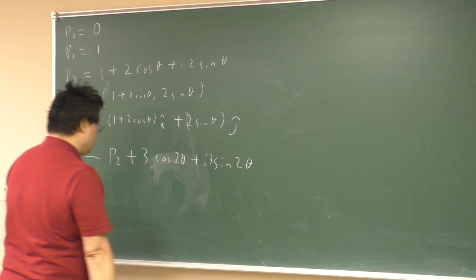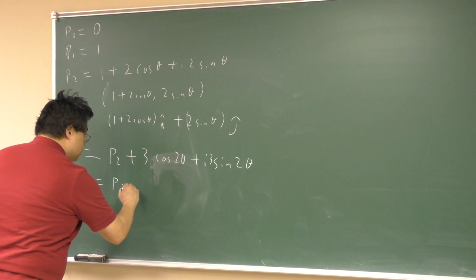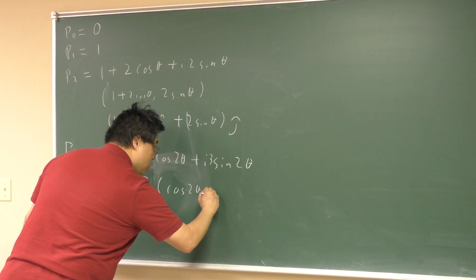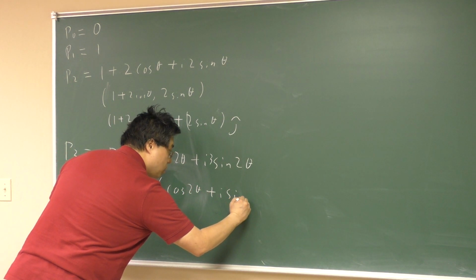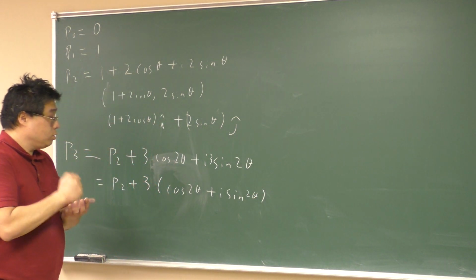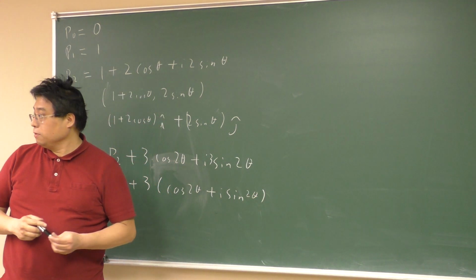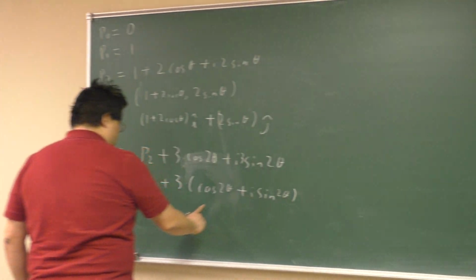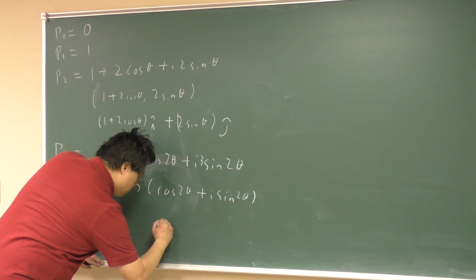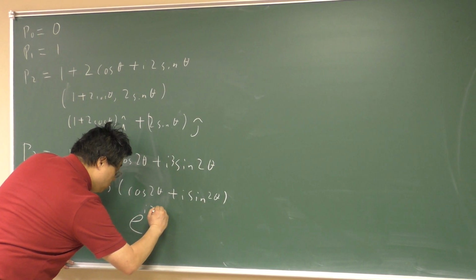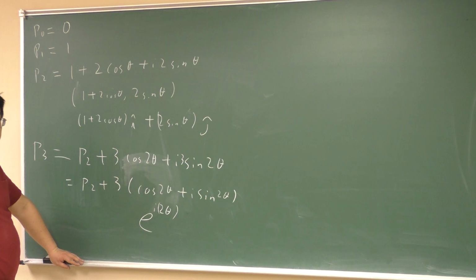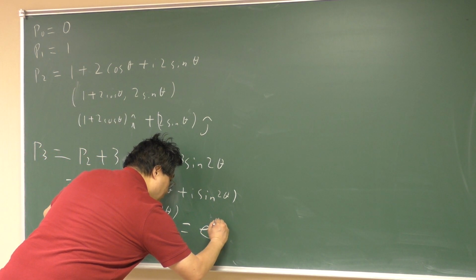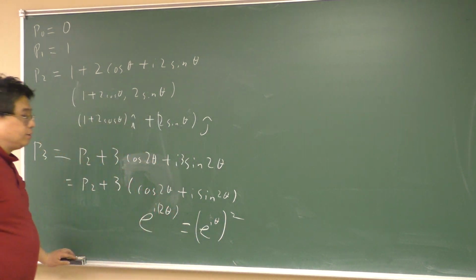Now, what should we do about that 2? Well, let's look at the Euler formula again. We should be able to write this as e to the i 2 times theta, right? Well, we could think about this as e to the i theta, squared.